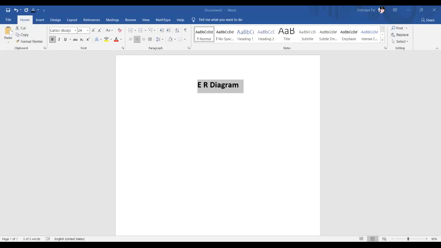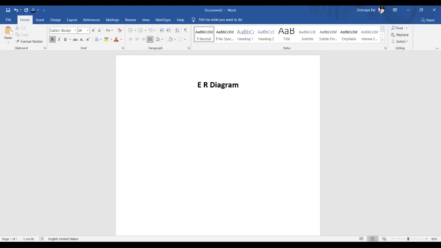In case of citizen of India, it can be PAN number. In case of student, it can be roll number. Now, today, before going into the keys, we will learn about ER diagram. What is an ER diagram and what are the basic symbols of ER diagram?